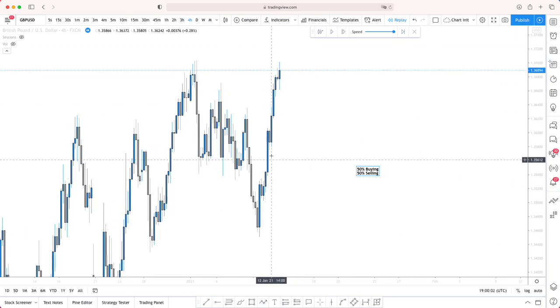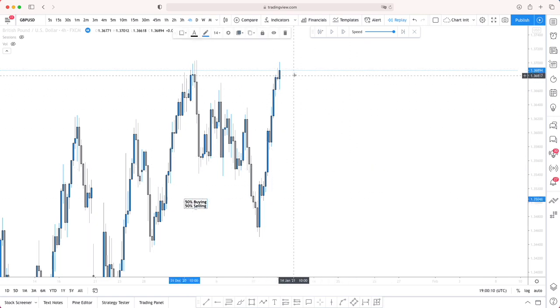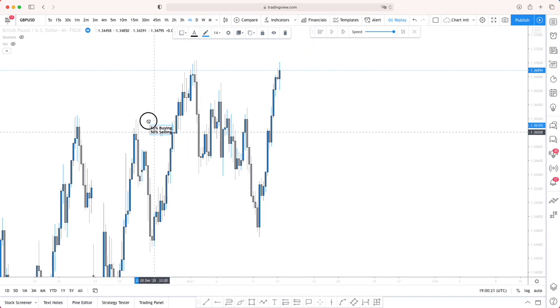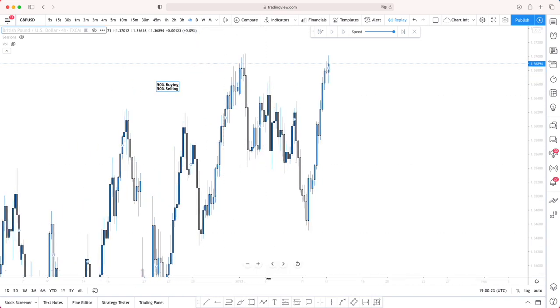There is only buying, only buying, only buying. The markets don't run like that. So what does that mean? Price needs to come and correct this imbalance. This is known as imbalance or inefficiency. It's as simple as that. Essentially it is the gap in the market.